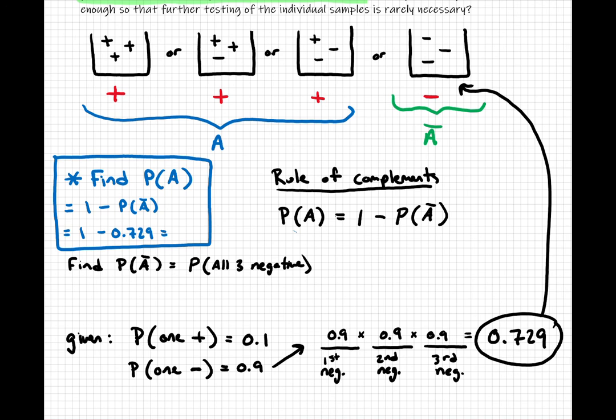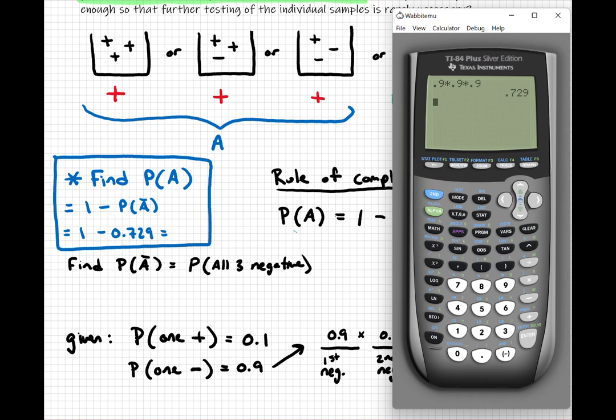And if we go back to the calculator, let's subtract that previous answer from 1. So we'll say 1 minus 0.729, and that gives us 0.271. And that's going to be the answer to the problem.